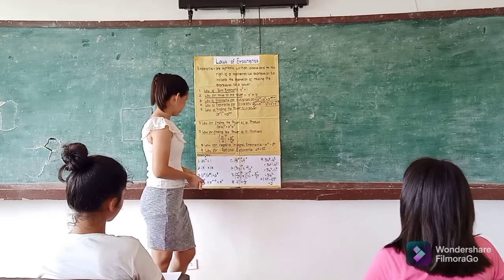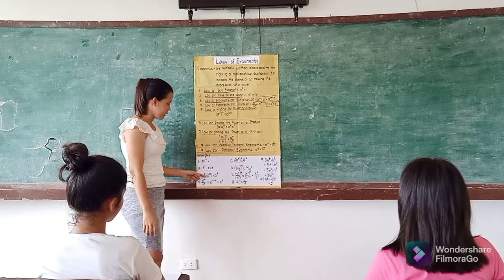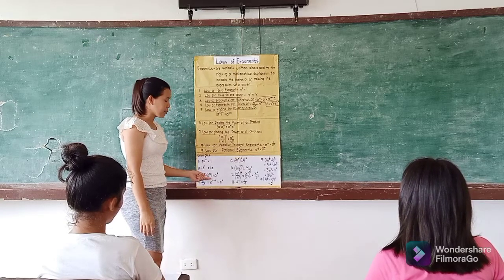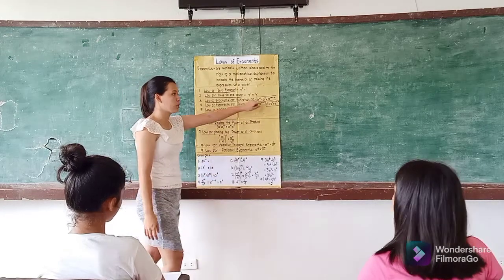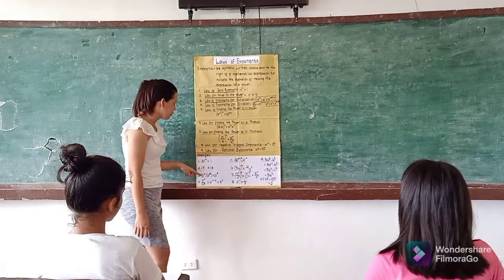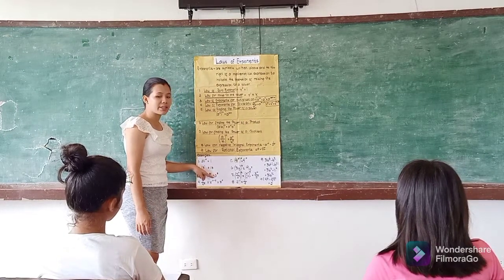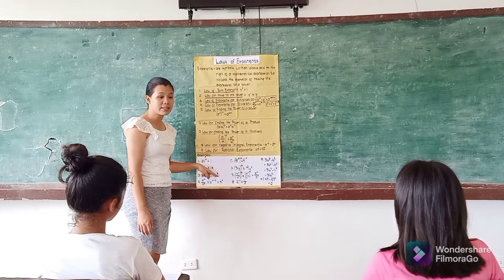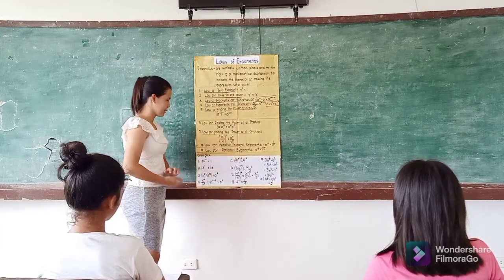For example, a raised to 5 times a raised to 3. As per the rule, you add the exponents, so you have 5 plus 3 equals 8. So your answer is a raised to the power of 8.